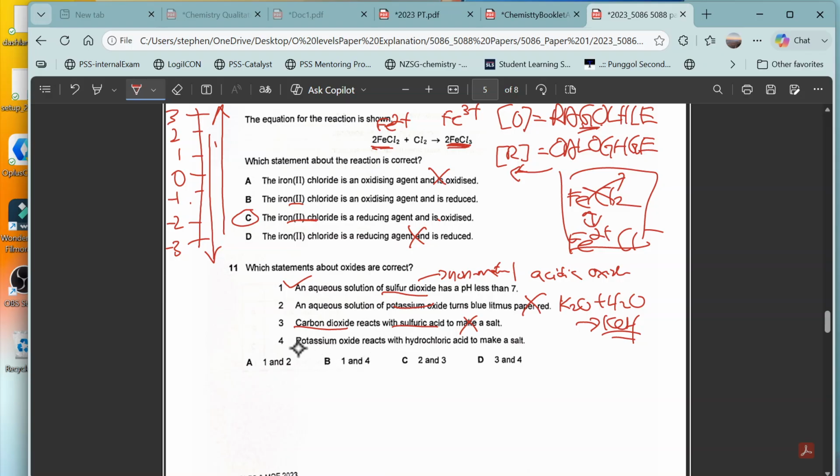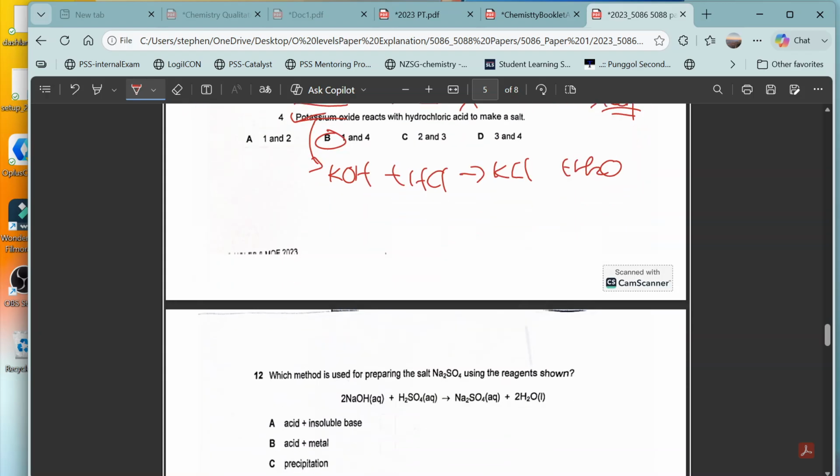I think yes, because potassium oxide is a basic oxide, and as I mentioned just now, it will give you KOH. It's salt and water. So these two are opposites, therefore this is correct. So 1 and 4. Okay, I need to go a bit faster.